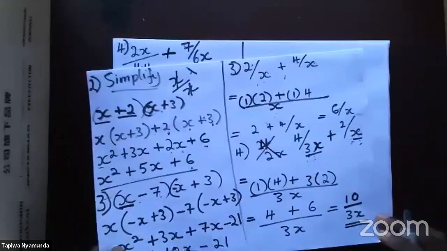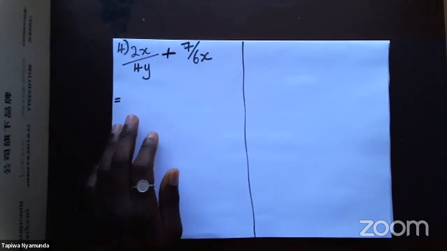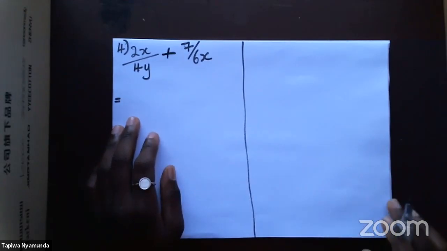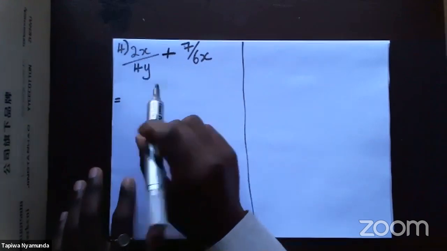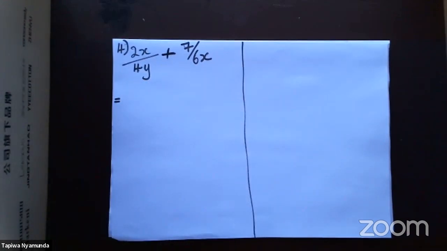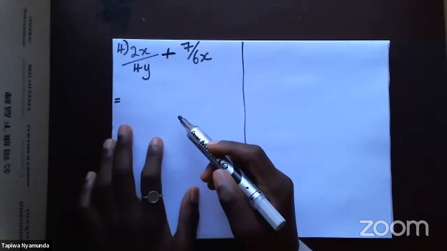Okay, so you have to go back to the other question here. I'm just going to do this question, then you will be done for the day. Okay, Cassandra. Okay, let's look at this last question, guys, then we are done for the day. I'm just going to do this one quickly, so you have to follow quickly.